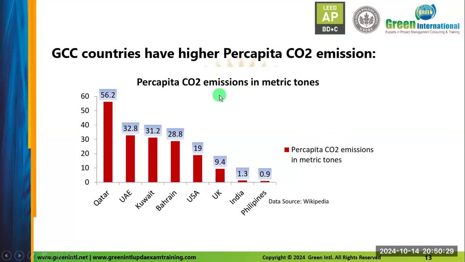If you go to China, CO2 emission per capita is less because you have a very high population. I'm not speaking about country emissions, I speak about per capita emission: how much CO2 every person generates based on his use.